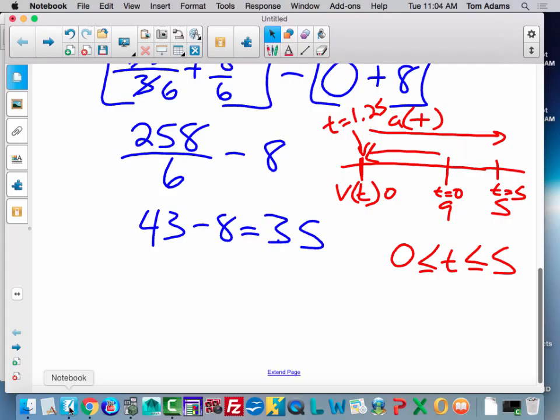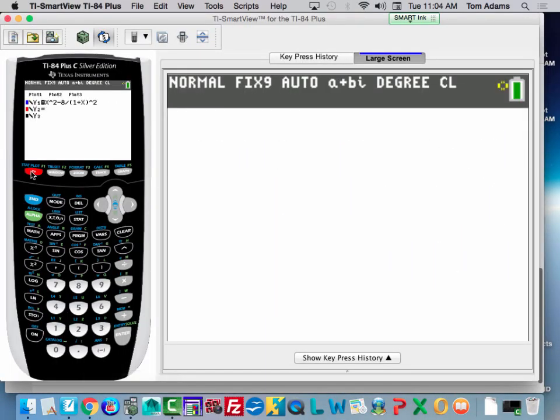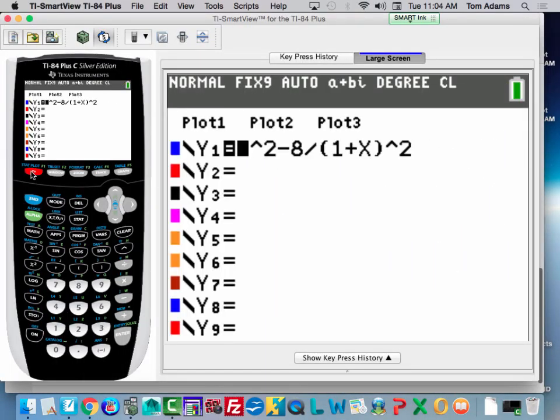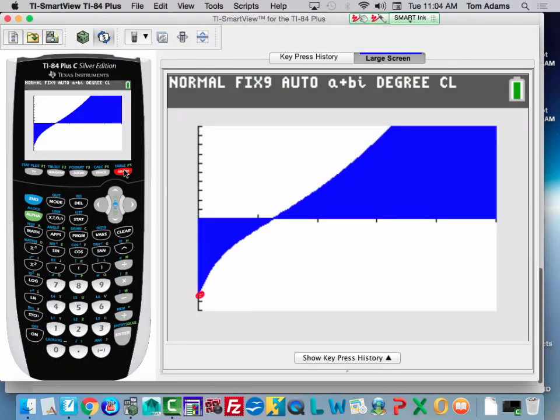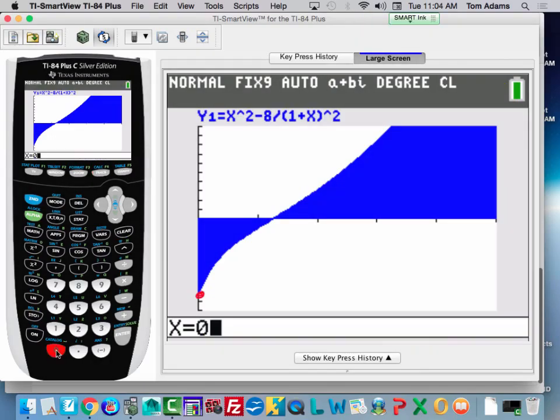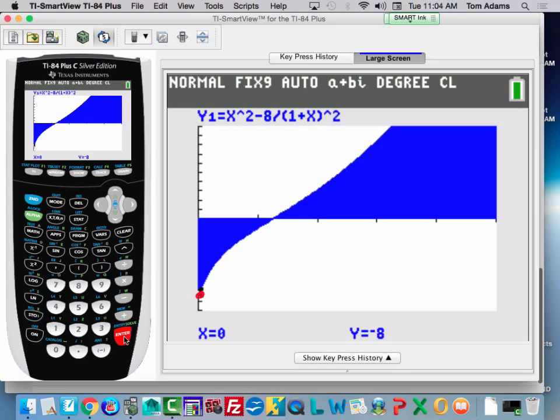And just to recall where this is all coming from, if we go back and look at the graph, basically this is the velocity. So at t equals 0, my velocity was here. In fact, let's trace that. When t equals 0, my velocity was at -8, right?